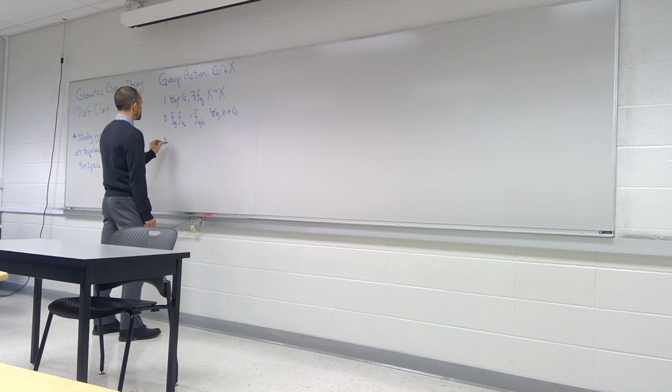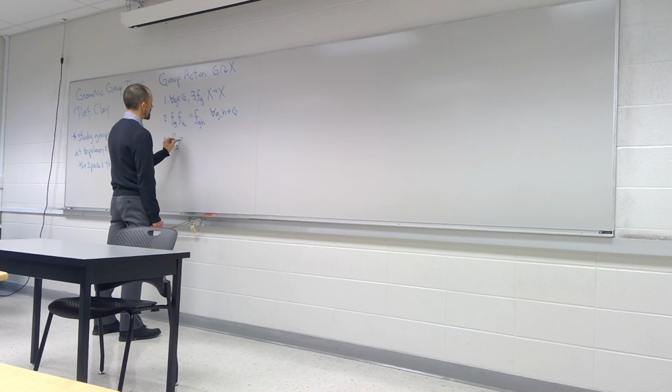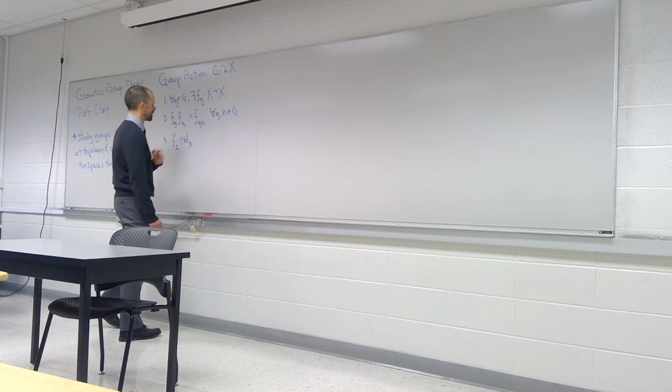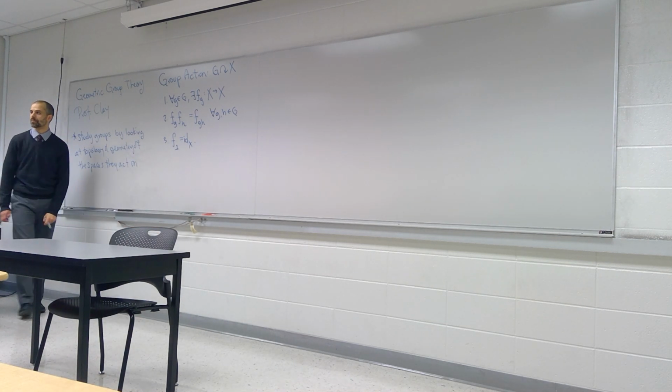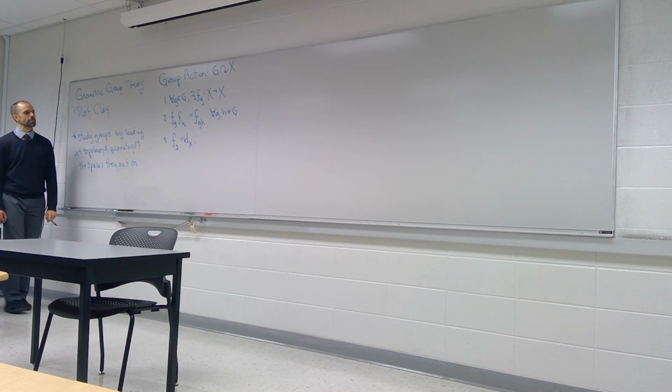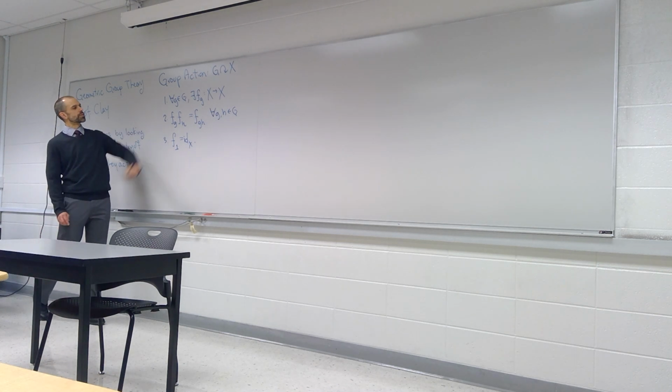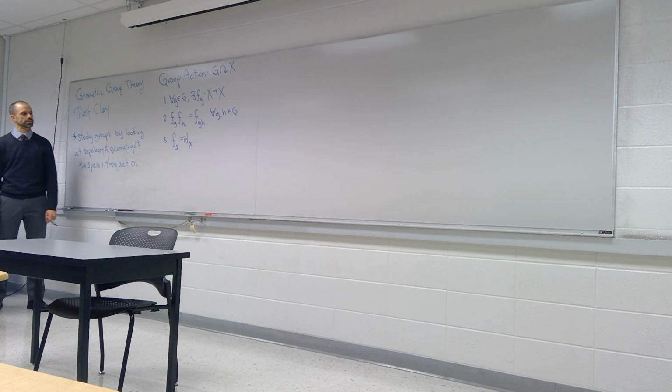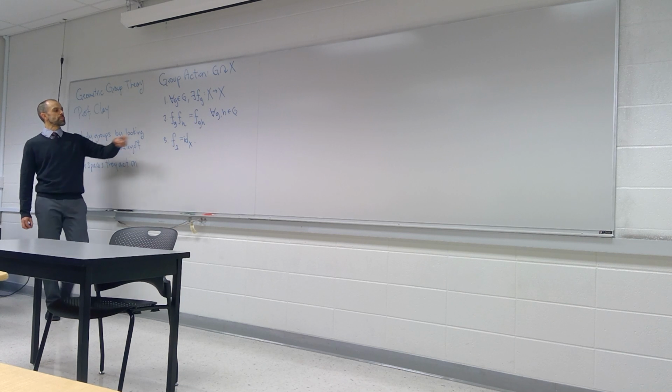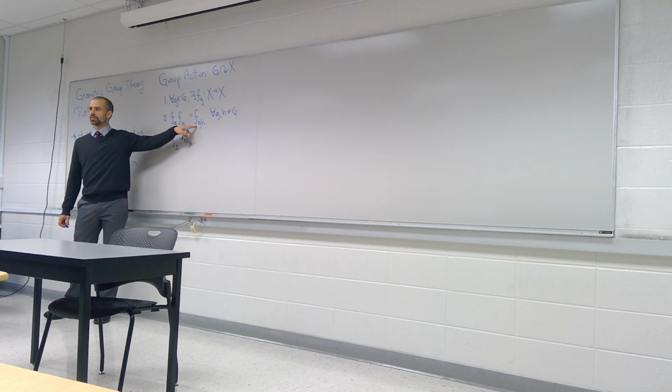And then lastly, the identity element in the group should act as the identity function on the set. So this is what we mean by a group action. Every element in the group gives me some sort of bijection of the set to itself, preserving some structure, and composition of functions agrees with the group multiplication.